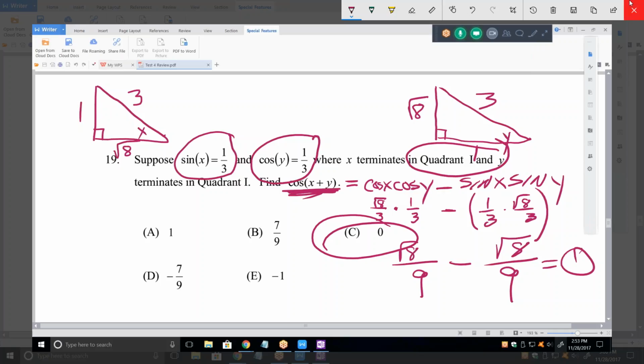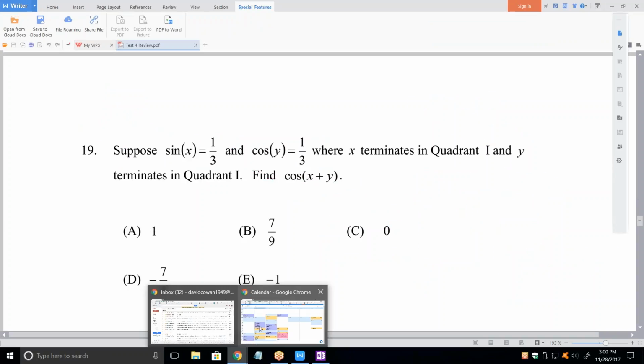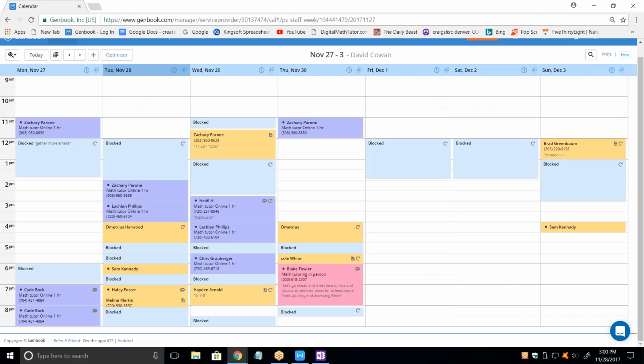Zach, gotta go. Hold on a minute. Let me just check my calendar. We are doing tomorrow at 11:50. I can do earlier if you prefer. It's not going to matter to me. 11:30? I get out of my class at 11:30, so we could do like 11:40.